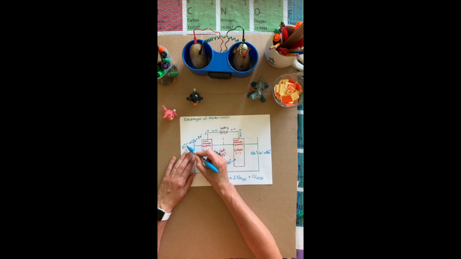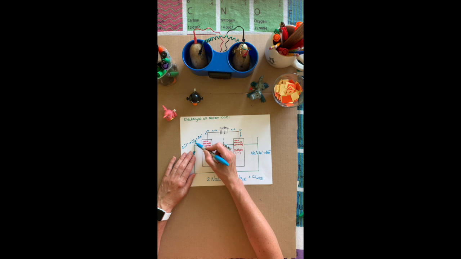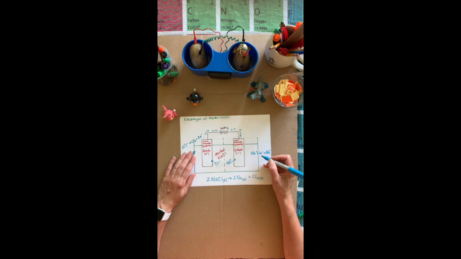We need 2 chlorides to yield chlorine gas and 2 electrons. And therefore, we're going to have 2, 2, and 2 over here to balance that charge. When the sodium ions collide with this negative electrode, it picks up an electron to form sodium metal.